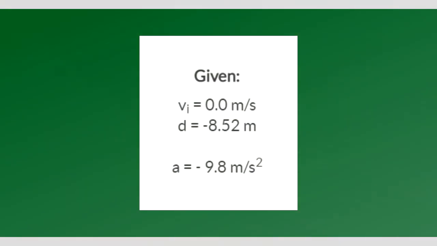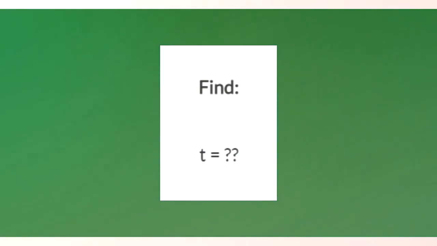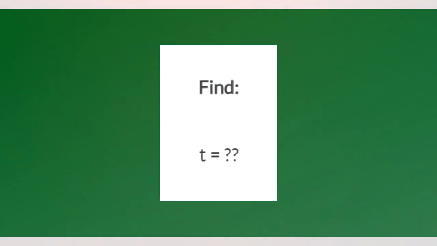The second step involves the identification and listing of known information in variable form. The next step involves the listing of the unknown or desired information in variable form. In this case, the problem requires information about the time of fall, so t is the unknown quantity.